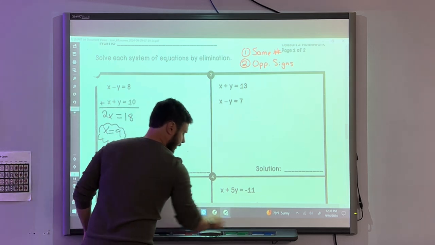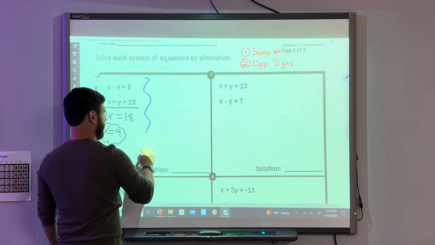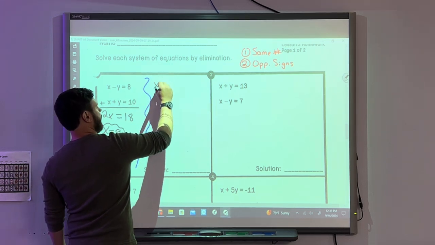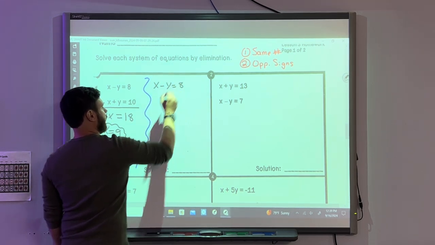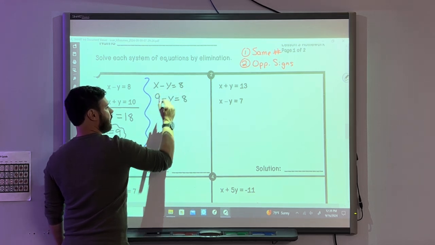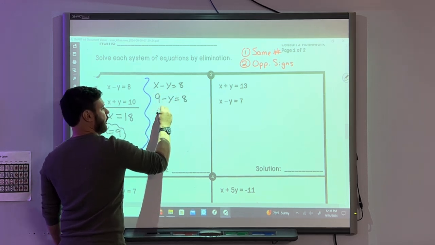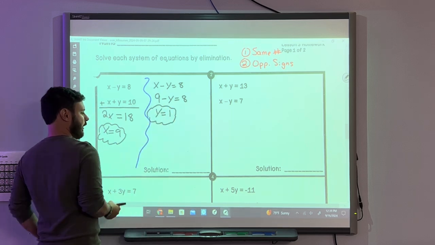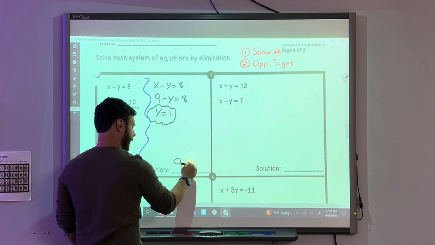Plug that back in for either of them, doesn't matter. x minus y equals 8. All right, well, x was 9. 9 minus y equals 8. So y's got to be 1. Answer here is (9, 1).